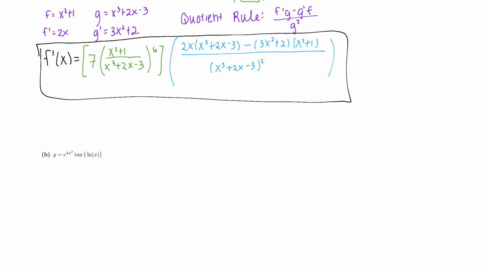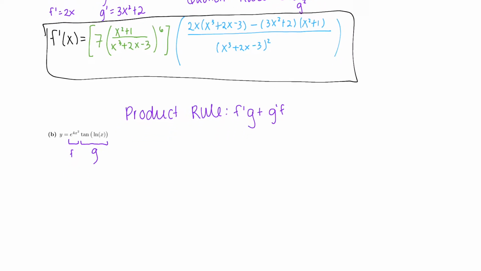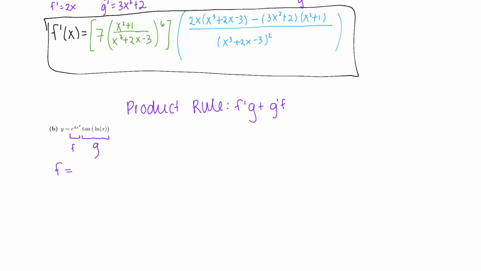For the next one, this is going to end up being product rule and some chain rule involved. So you have two functions being multiplied together. For product rule, that's f prime g plus g prime f. So f is e to the 4x squared.